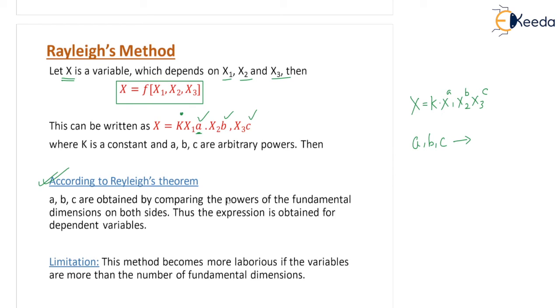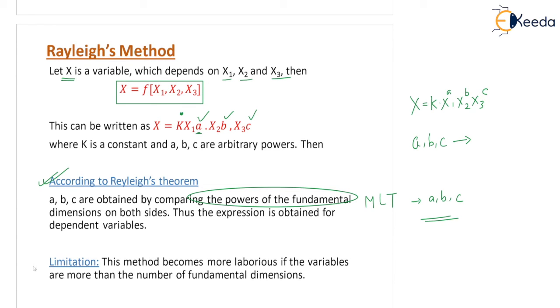By comparing the powers of the fundamental dimensions, like M, L, T. So here you have to equate. After that you will get the values of a, b and c, and then you can substitute to get the expression for the dependent variable.